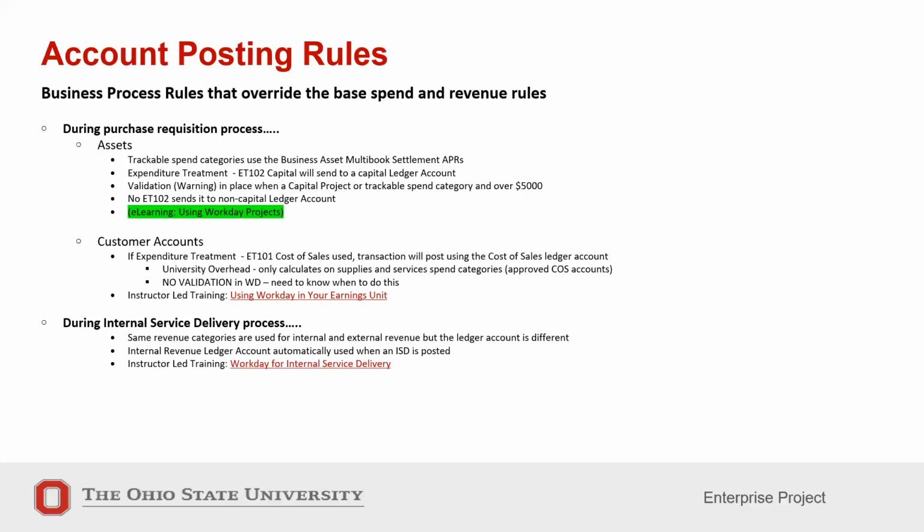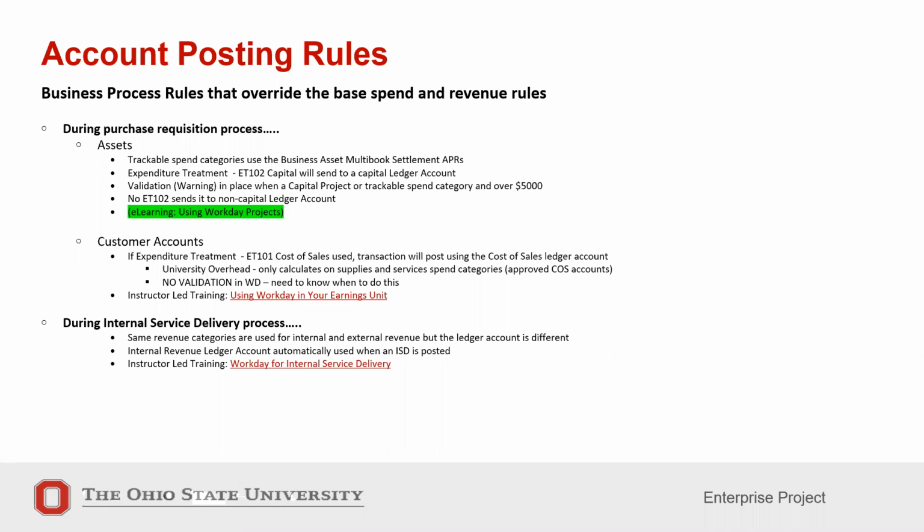Approved cost of sales for university overhead is calculated on cost of sales ledger account plus spend categories that roll into the cost of sales, fuels and fuel additives, supplies and services, spend category hierarchies. There are a few exceptions within there, but most of the categories that you see in those hierarchies are included.